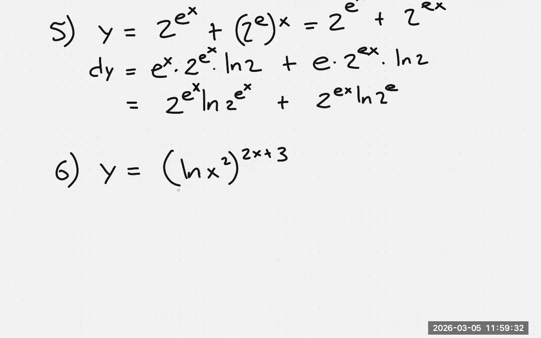The rule you gave us is that the derivative of ln x, right, sir, is 1 over x. So the derivative of ln x squared is 1 over ln x squared.